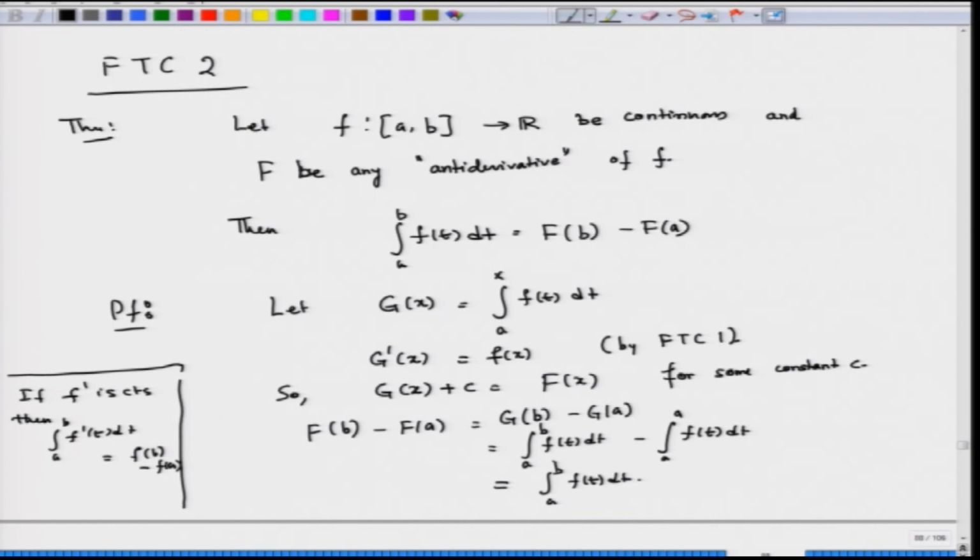You see, is it required? What one can show is that if we impose just the condition that f prime is Riemann integrable, then the left-hand side makes sense. F is a differentiable function and f prime is Riemann integrable. Now, this is equal to f of b minus f of a.